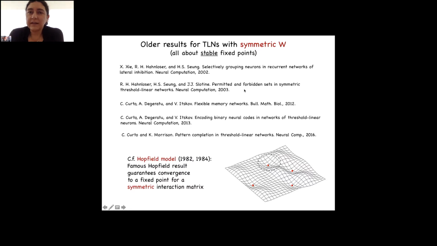And so they developed this nice theory of permitted and forbidden sets in the symmetric threshold linear networks. In particular, they proved a result analogous to the famous Hopfield model result, where they showed that if W is symmetric and if the network is inhibition-dominated, so a non-positive W matrix, then they could also write down an energy or Lyapunov-like function that was guaranteed to decrease along trajectories and therefore guaranteed that the network dynamics would fall into one of these static attractors.